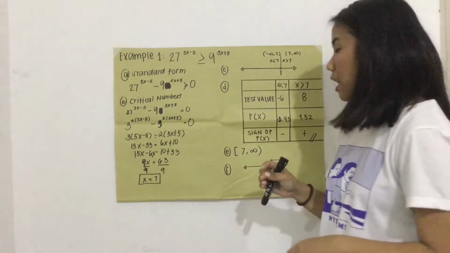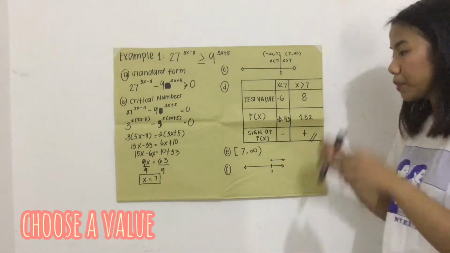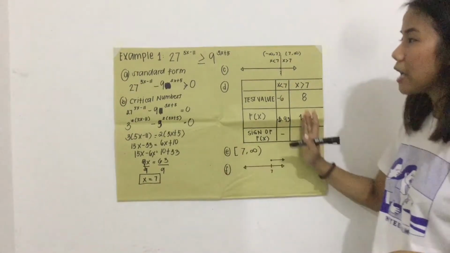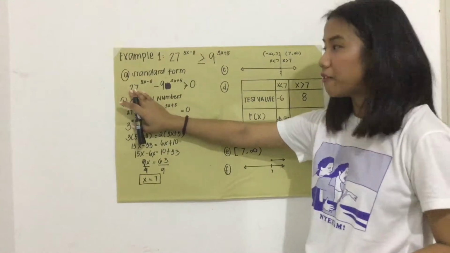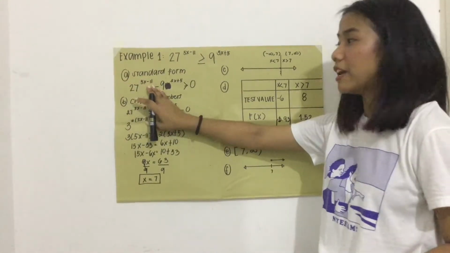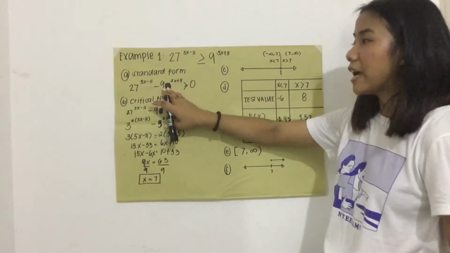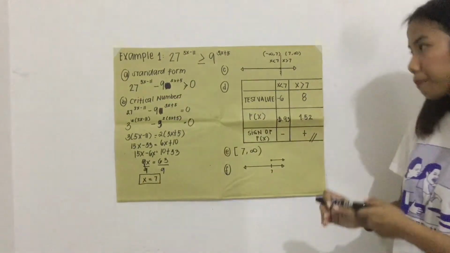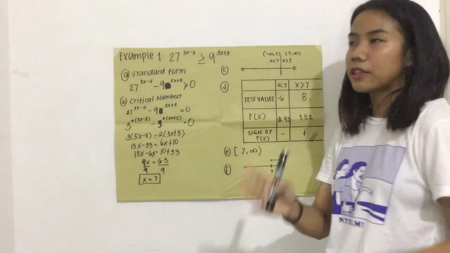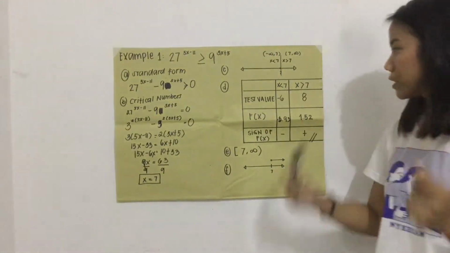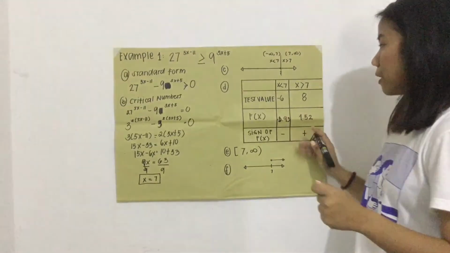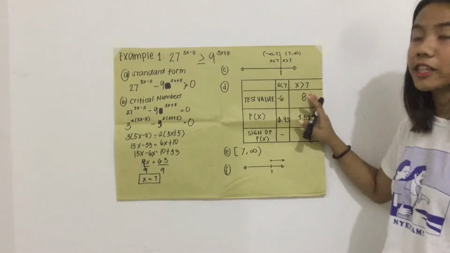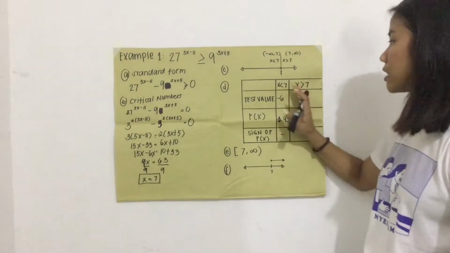Second to the last, we're just going to identify which interval we're going to use. Since our standard form is 27 raised to 5x minus 11 minus 9 raised to 3x plus 5 greater than 0, the interval that we're going to use is x greater than 7.